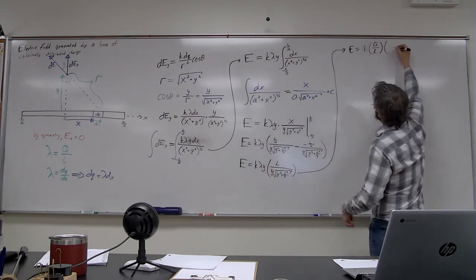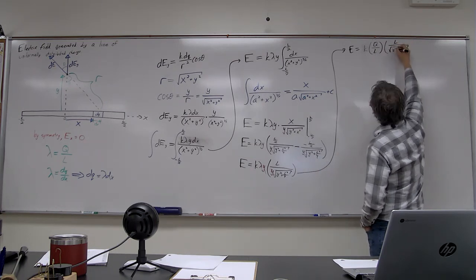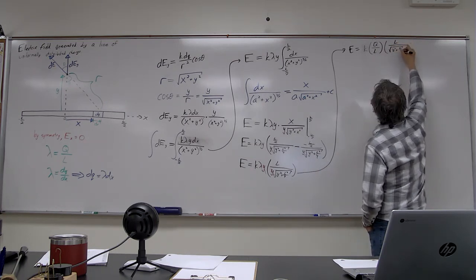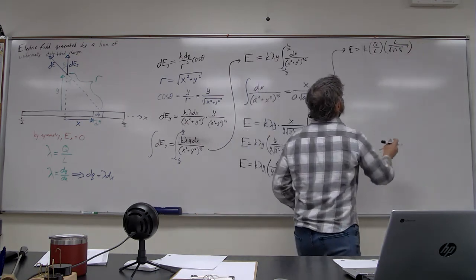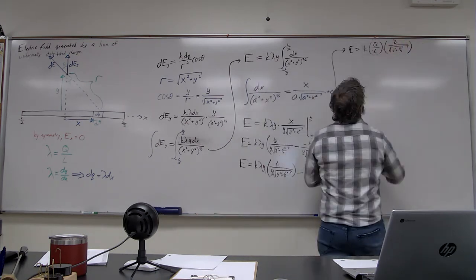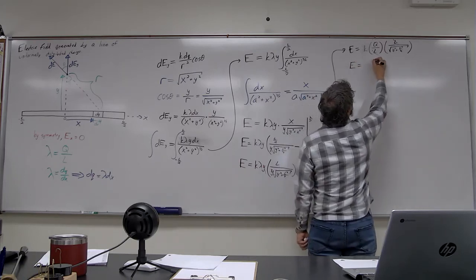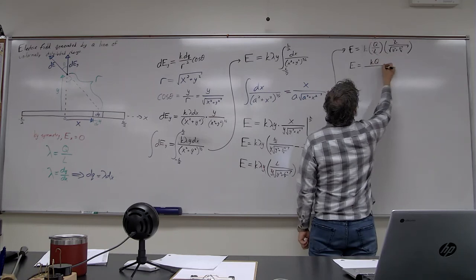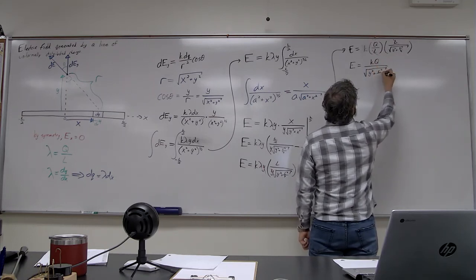And then I have times length over the square root of Y squared plus L squared over 4. And the L's cancel. And so I get that the electric field will be K Q over the square root of Y squared plus L squared over 4.